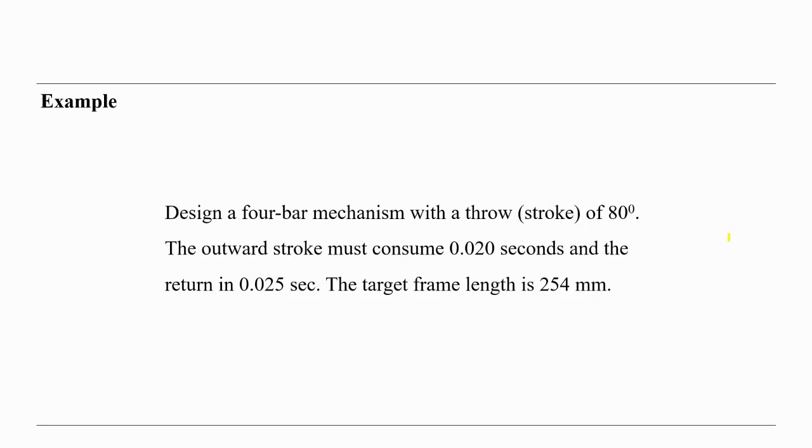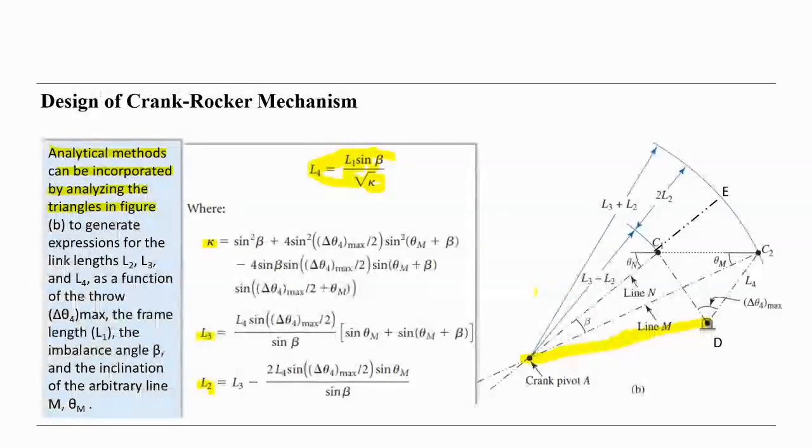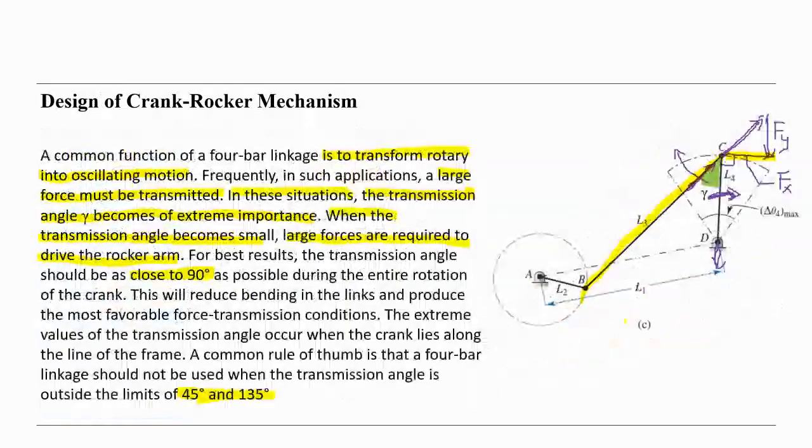The outward stroke must consume 0.020 second, this is for Q, for the definition of Q, and the return is 0.025 second. The target frame length is this right here, 254.